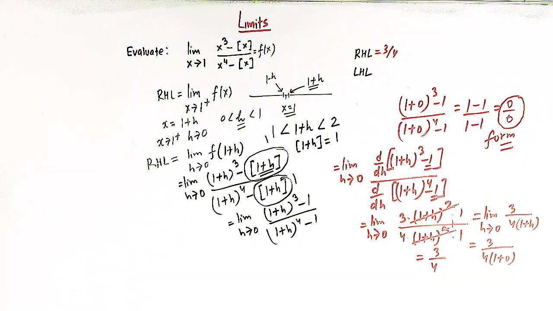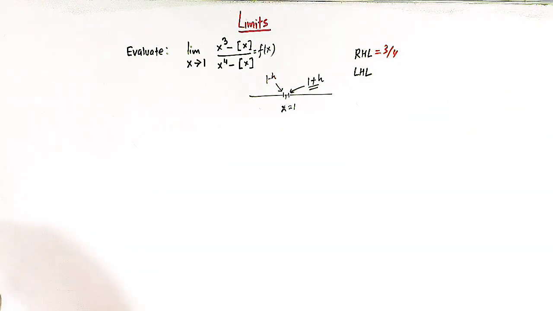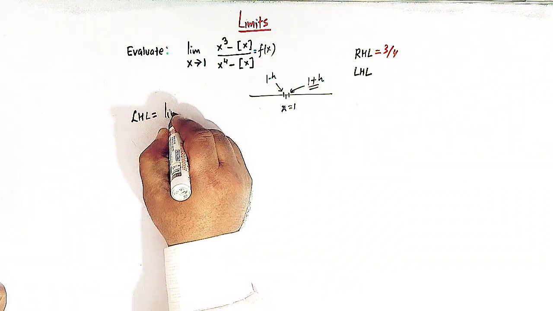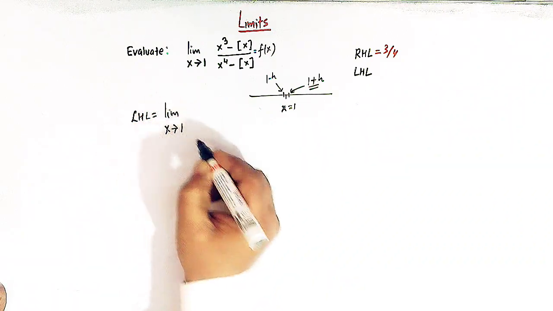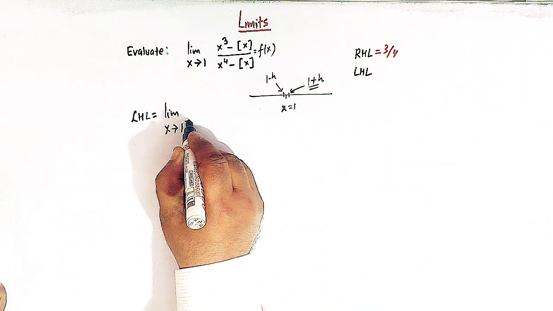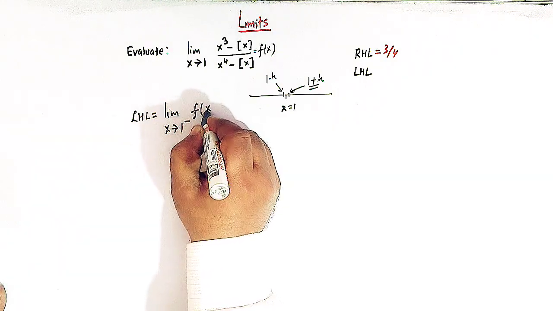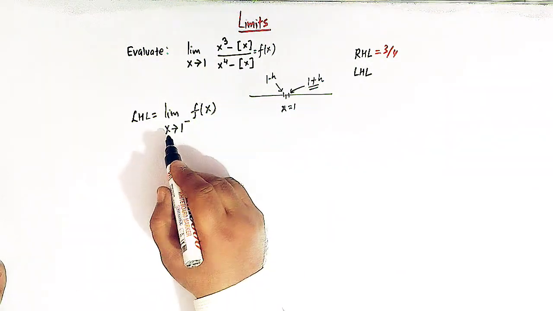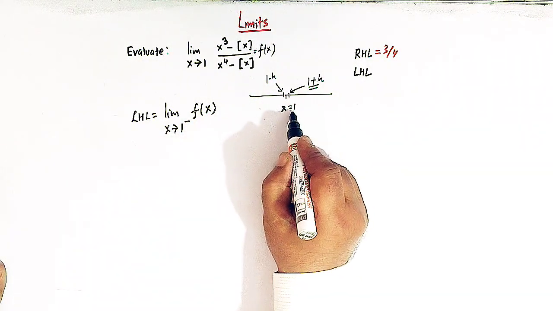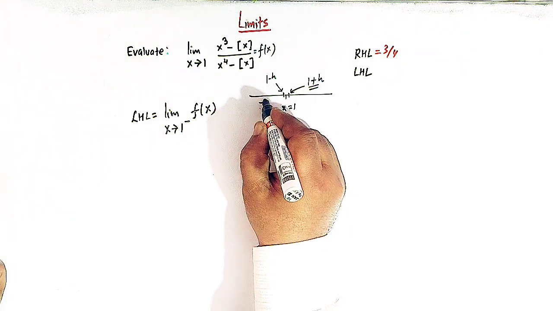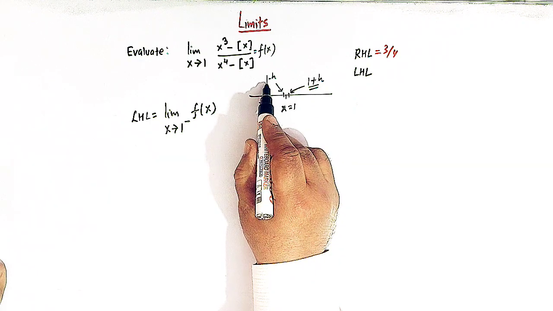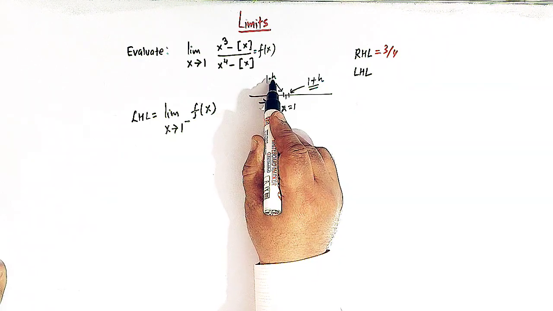The notation for the left hand limit is given by limit x tends to 1, and here we put a negative sign, of f of x. Now when x approaches 1 from the left side of 1, then we come close to this point, that is 1 minus h.